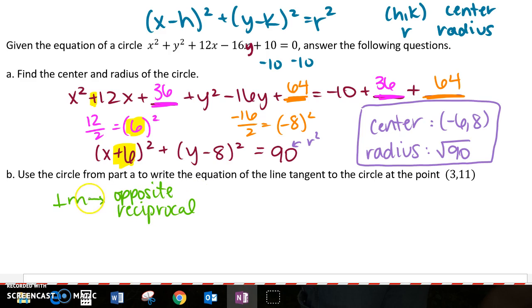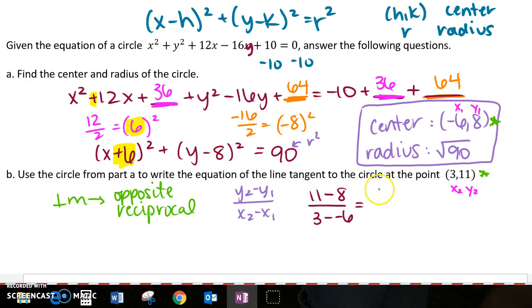In order to get the slope of the radius, we're going to have to use our center and the point they give us. If you recall, our slope formula is y2 minus y1 over x2 minus x1. If we labeled our points x1, y1, x2, y2, and we could have done it the other way, it doesn't necessarily matter, but for this situation, if we chose this to be y2, it would be 11 minus 8 over 3 minus negative 6.